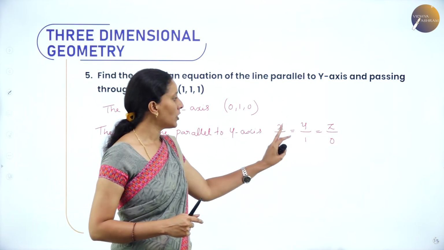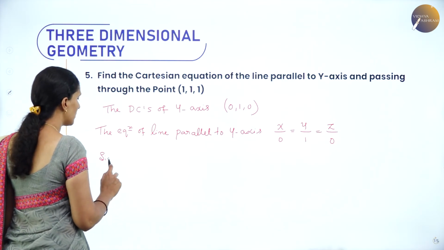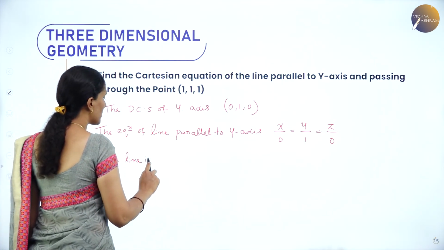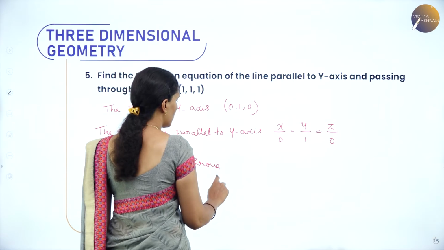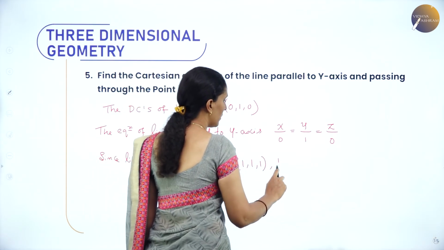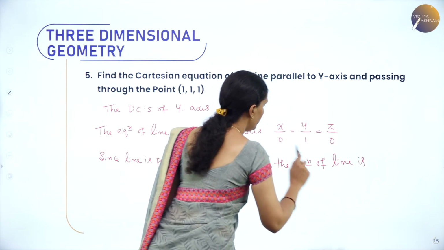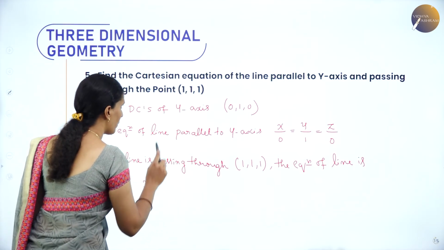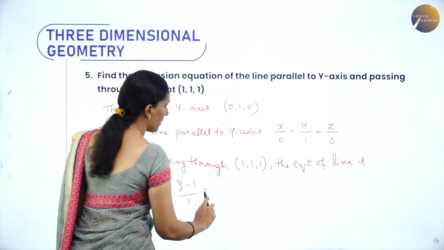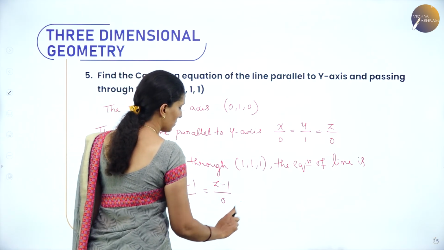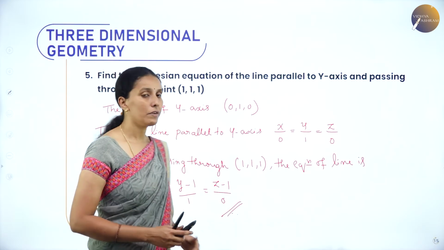Since the line is parallel to y-axis, the equation remains the same, but the point becomes different. Since the line is passing through 1, 1, 1, the equation of line is x minus x1, which is nothing but 1, by 0, y minus 1 by 1, z minus 1 by 0. So this is the equation of line parallel to y-axis and passing through the given point.